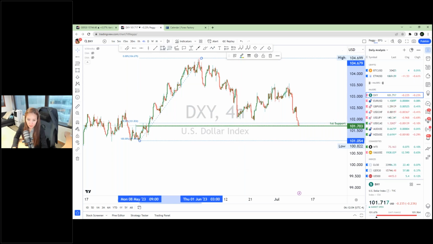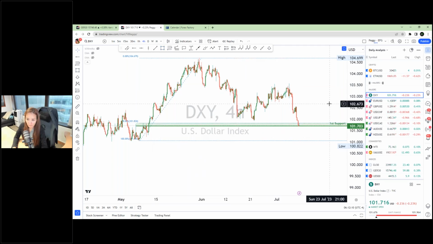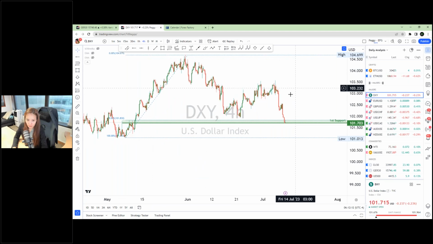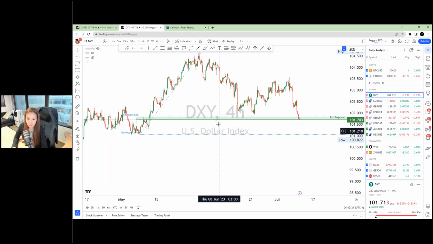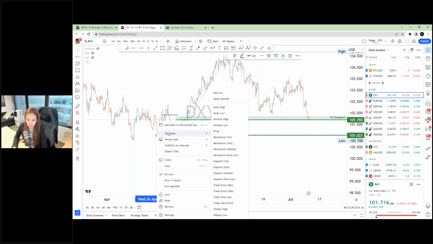If you want to make a zone, you can just put it like this. This is your zone, right? And your second support is this one.